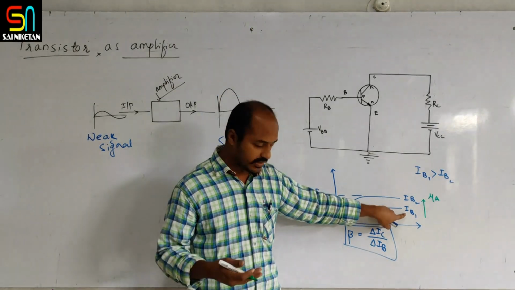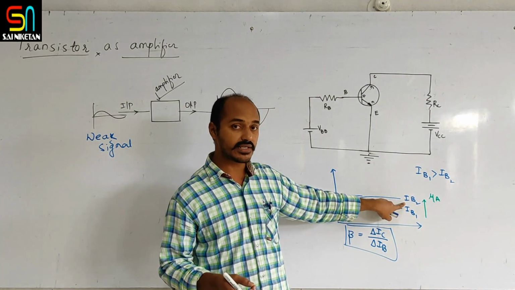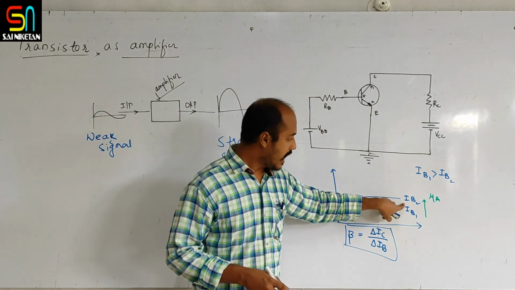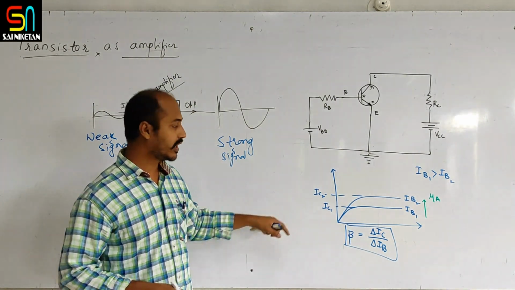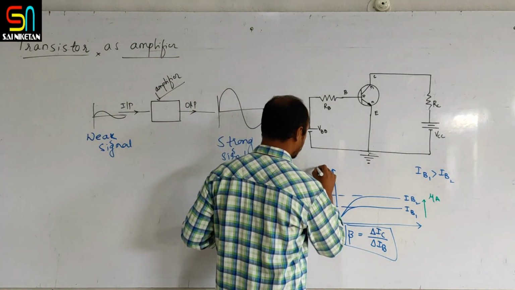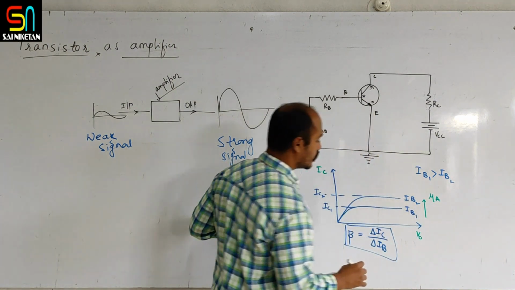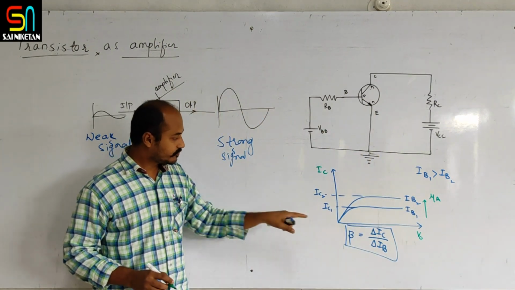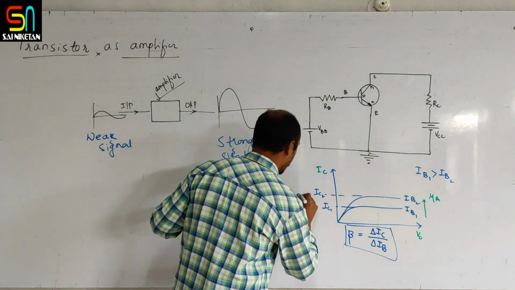As the input current changes from 20 to 40 microamperes, it is in micro, and the output current is in milli. So it is IC and output voltage VO. Now IC is increased in milliamperes.